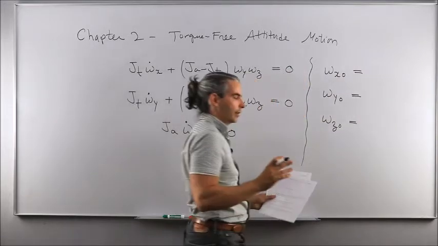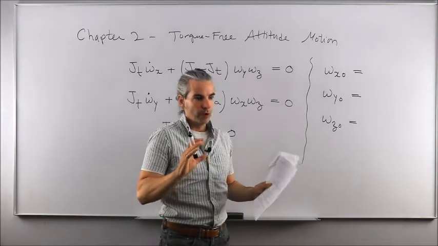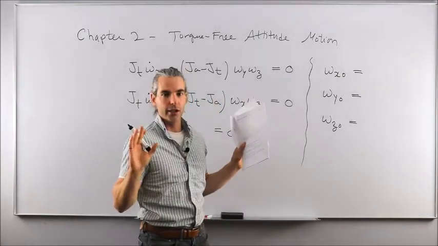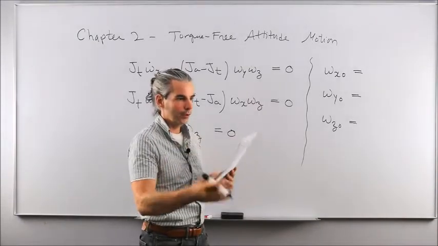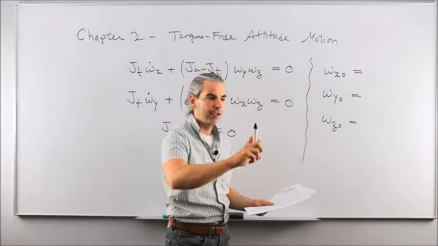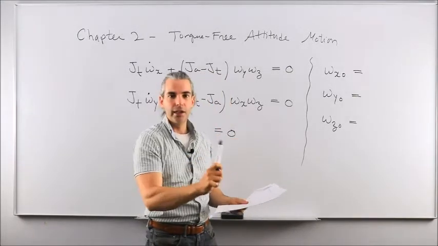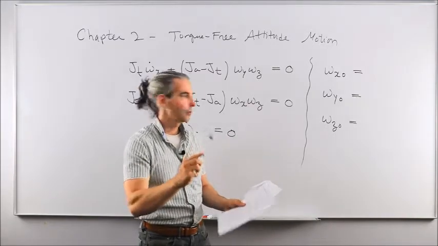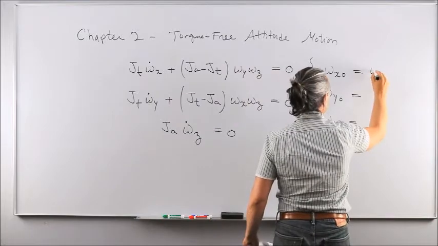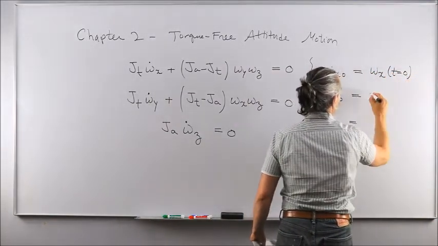So we are starting the observation of a rigid body in space when that rigid body was already in motion, okay? Yet we're not torquing it, and we're just letting the spacecraft do its own thing under the influence of no torque, and then analyze how the angular velocity vector would rotate in 3D space, and how the angular momentum vector would spin as well, okay? So these are equivalent to omega x evaluated at t equals 0.